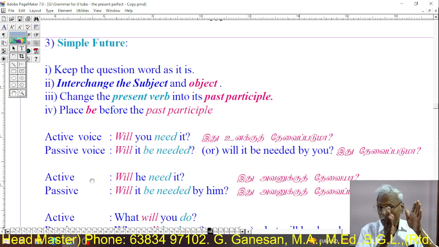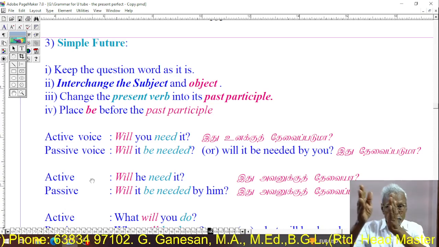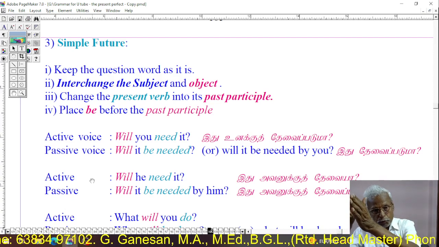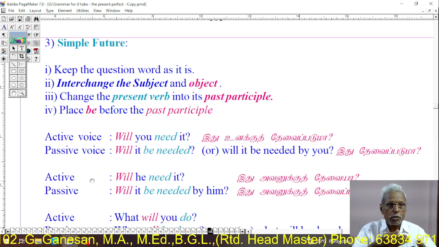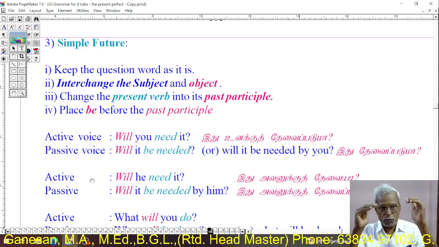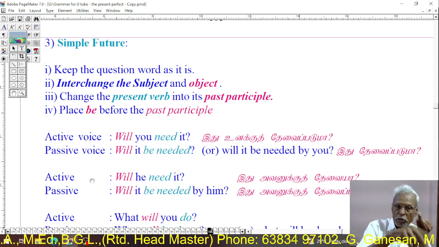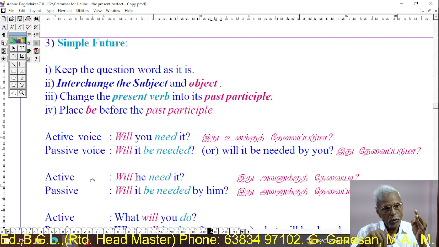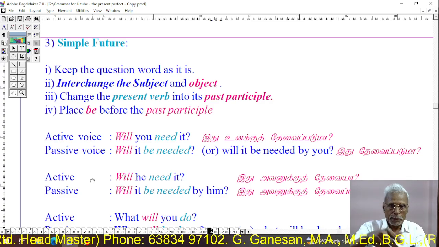That is, will or shall should be kept according to the subject. In simple future, there will be two verbs. When it is converted into passive form, there will be three verbs. The new verb is be.